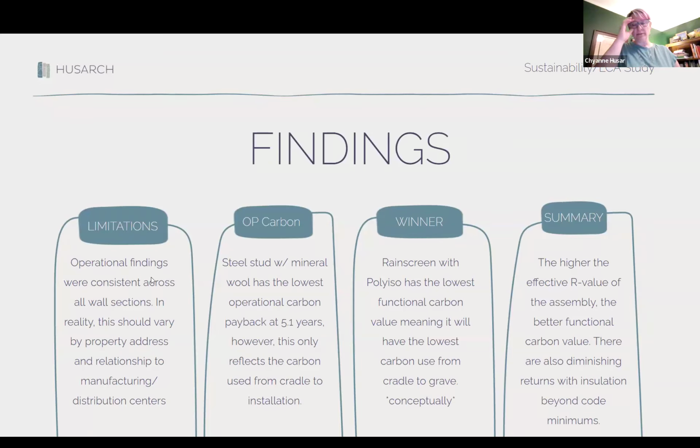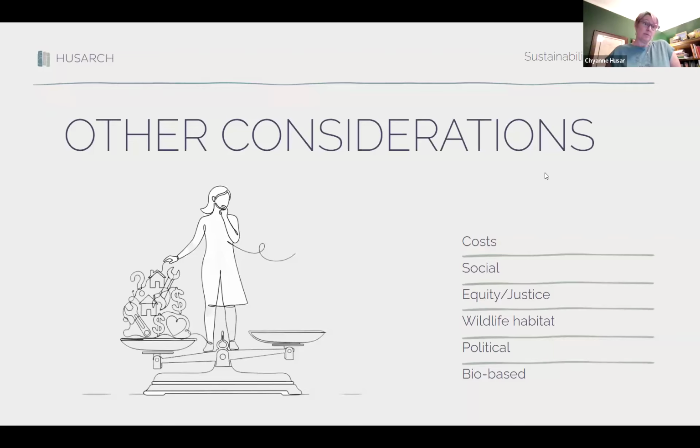So maybe that's a point that we could take this to next, better fine-tuning where that diminishing return is. I think there's plenty of other studies that might be able to tell us that straight off the bat too.